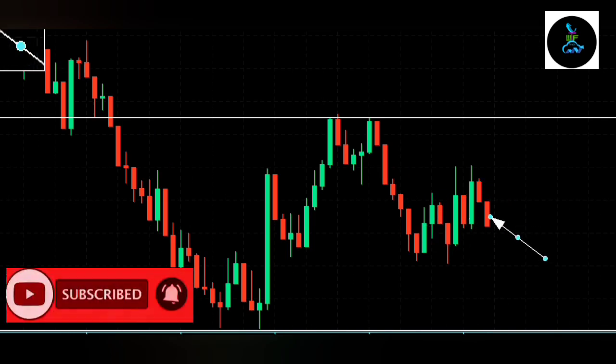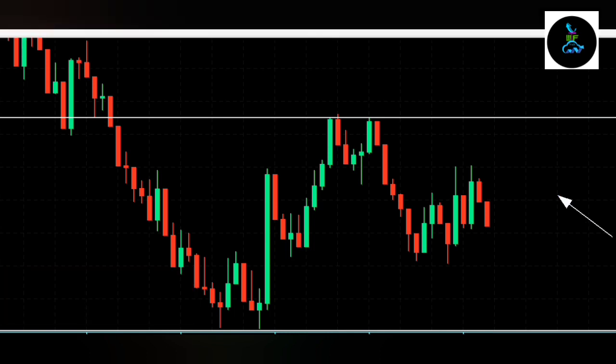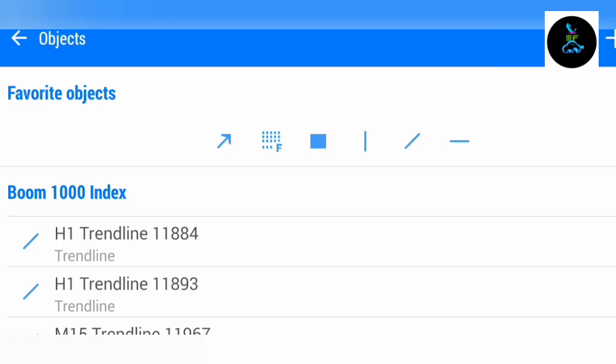If you look carefully, you can see the market is trending up a little here. So now you can also do some analysis in this M30. Don't forget guys, we started from H4.